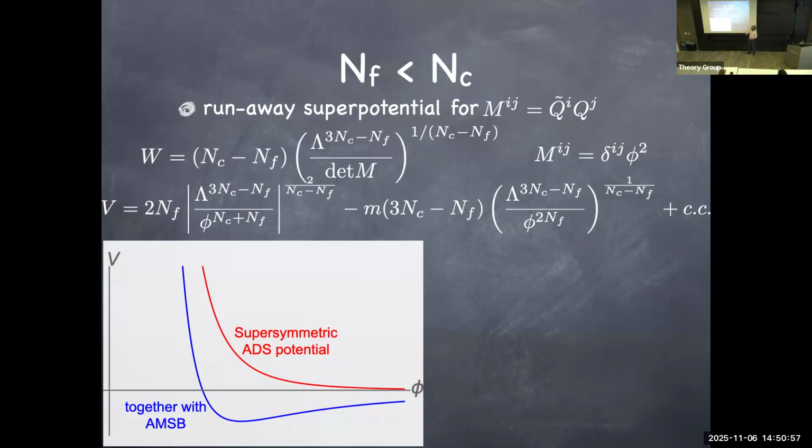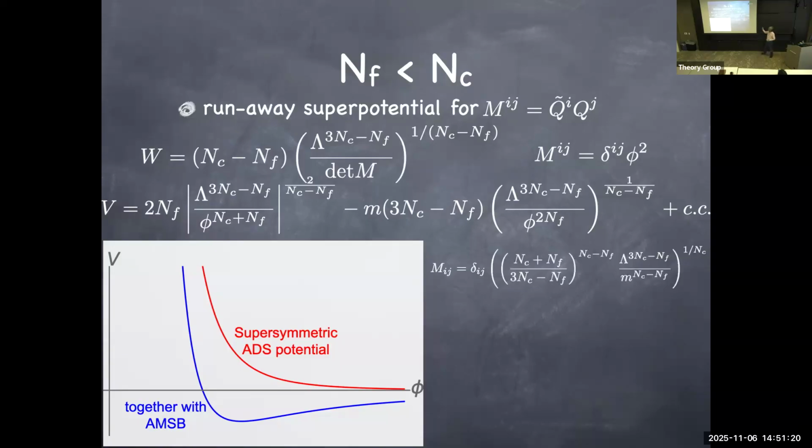But I told you already how the supersymmetry breaking effect would appear at tree level for a given superpotential. And that's the second term over here. Once you include this, the potential becomes the blue one. And now you see a stable ground state with a finite value of this meson field. So first of all, you do find a ground state.